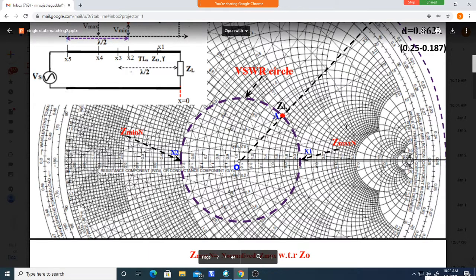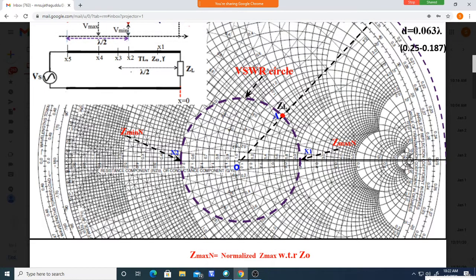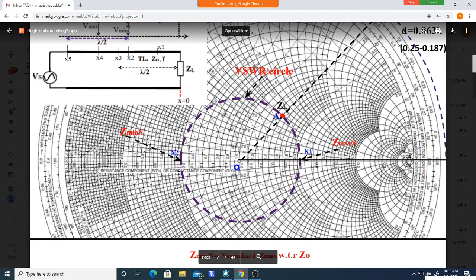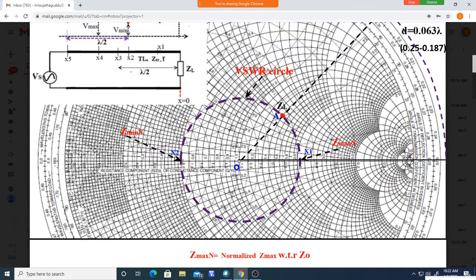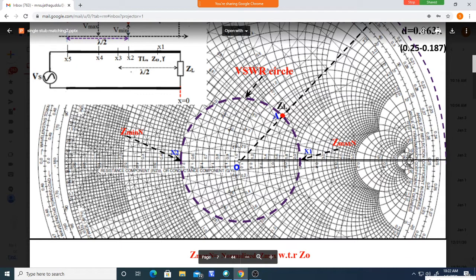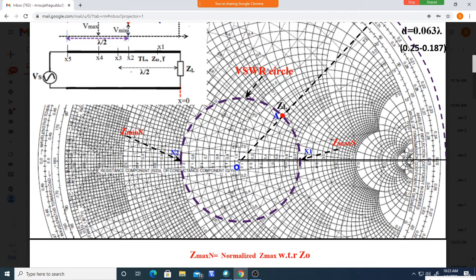Also, you can find out at what distance the minimum is. Wherever the VSWR circle intersects the left side, the impedance is minimum. Impedance changes as we move, but wherever the VSWR circle intersects at the right side, that itself is the maximum compared to all variations of impedance.